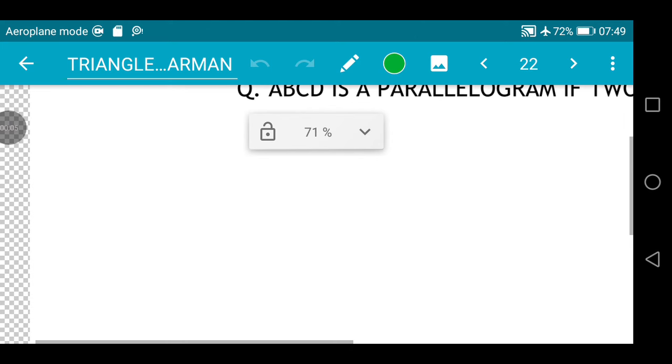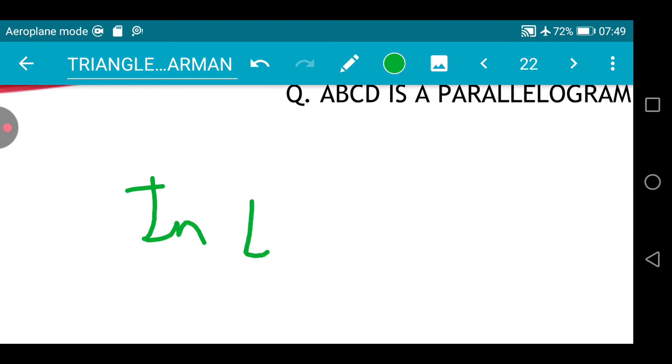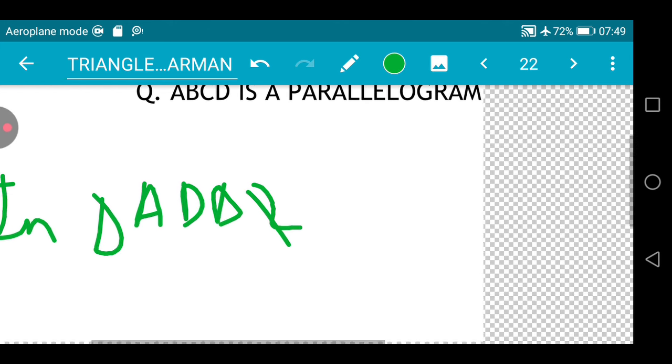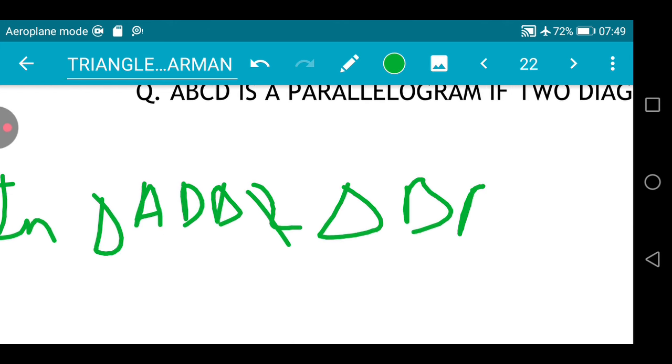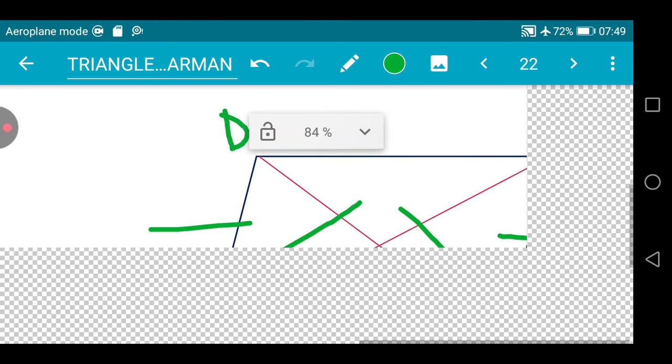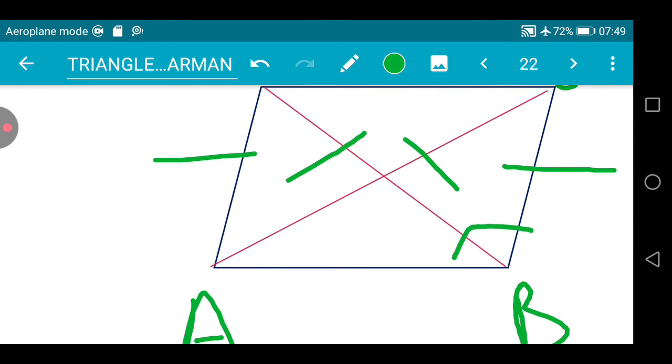If diagonals are equal, AD equals BC, AB equals AB. In triangle ADB and triangle BCA, you just have to make a strategy for doing the question. Angle ABC we have to find. To find angle ABC, we have to prove some things.